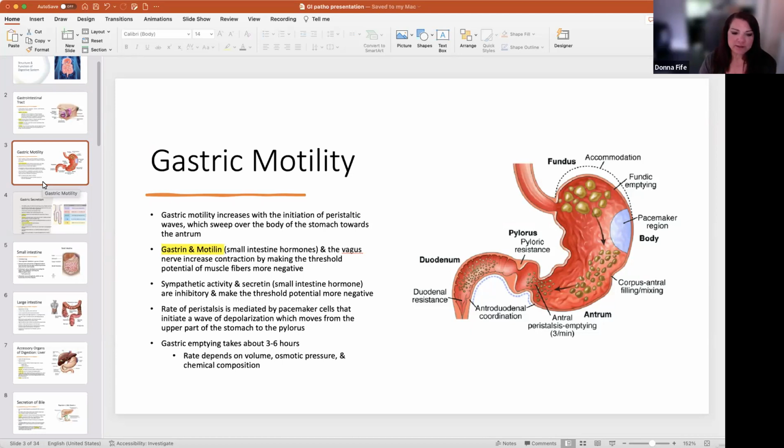The rate of peristalsis is mediated by pacemaker cells that initiate a wave of depolarization, which moves from the upper part of the stomach to the pylorus. Now, gastric emptying takes about 3 to 6 hours, and the rate depends on the volume, the osmotic pressure, and chemical composition of the contents.